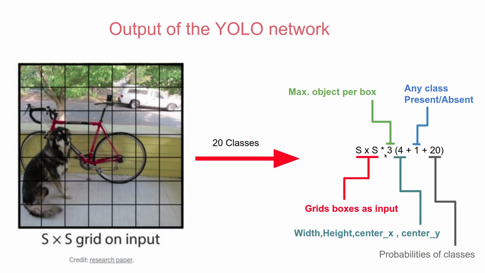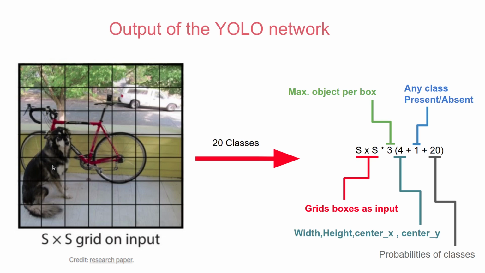Now let's discuss this particular 3. This 3 is the maximum objects per box. If you have more than 3 object centers in a particular box, then only 3 of that information will be captured. Practically, it is more than enough. This is the information of each object. If we have an object, for example, this will be the box where the object dog will be recognized.